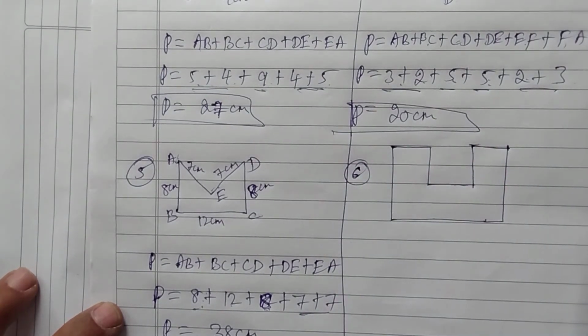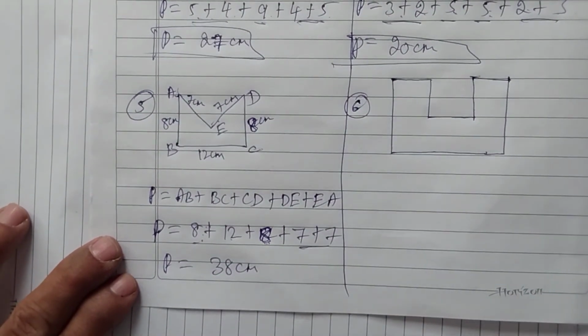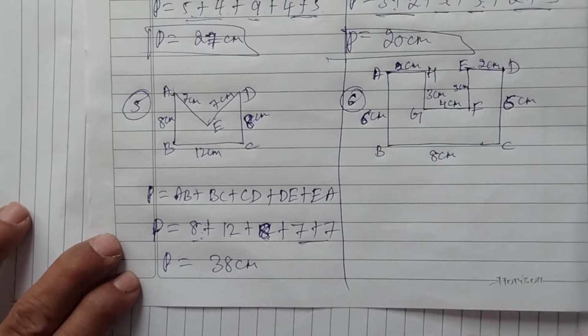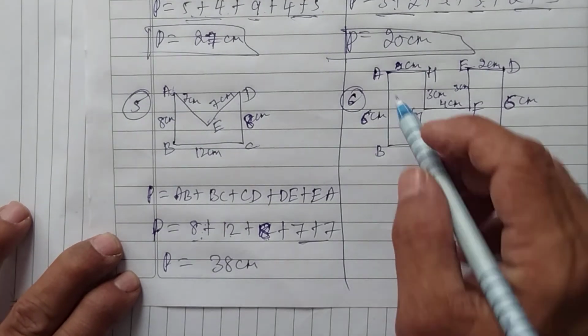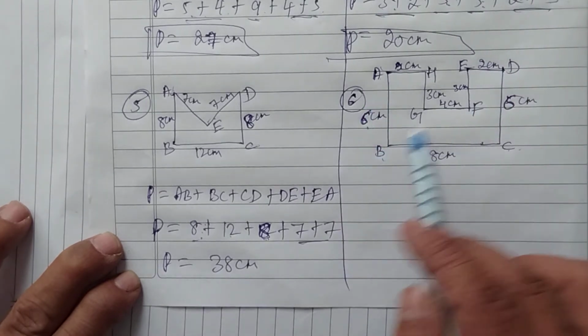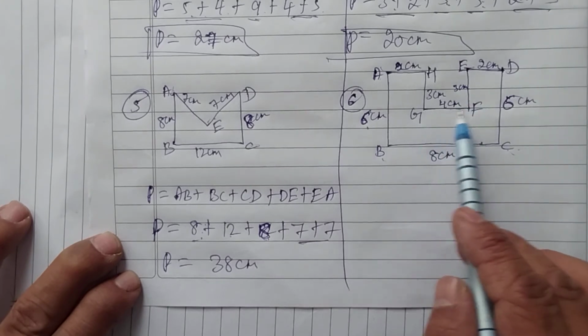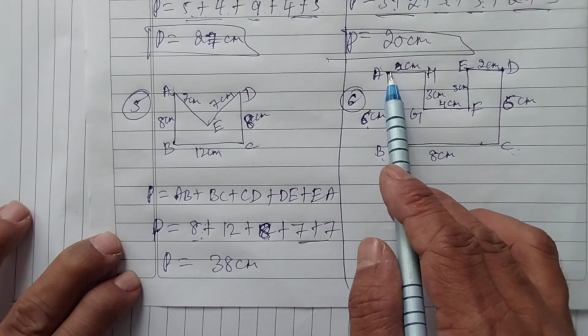Now you see, this is the given figure. AB is 6 centimeter, BC is 8, CD is 6 centimeter, just AB is equal to CD. Then ED is 2 centimeter, this is 3, this is 4, this is 2. Okay.